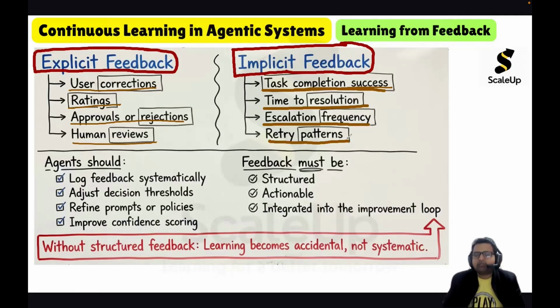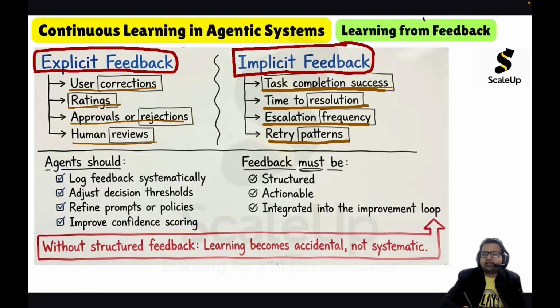Let us suppose it's the time to resolution. Then a particular component will receive feedback about the time to resolution. Escalation frequency: now let us suppose there is a need to update the escalation frequency. A component which is responsible for escalation will receive feedback conveying the escalation frequency, and based on that it can alter the escalation mechanism. So these are examples of implicit feedback.